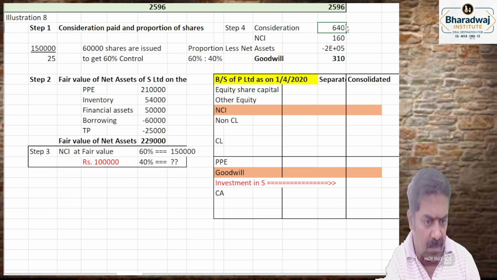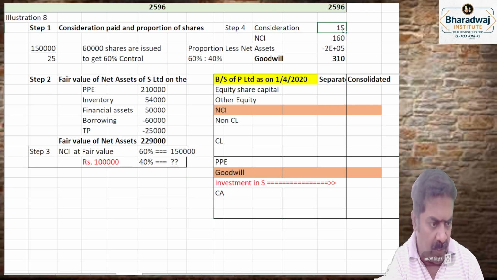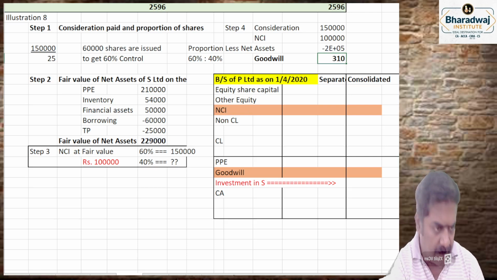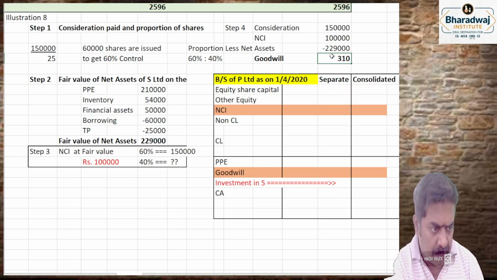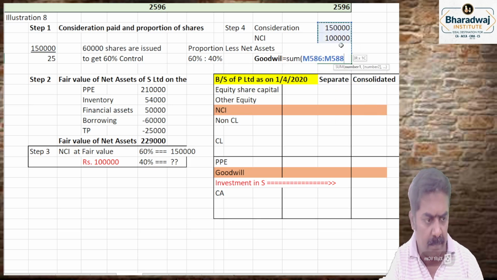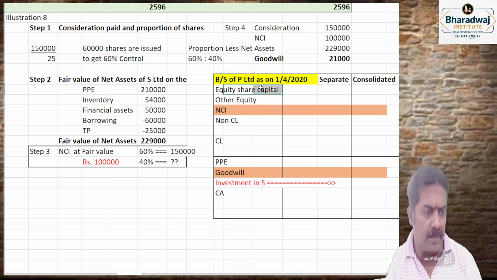Consideration paid is 1,50,000, NCI value 1 lakh, minus fair value of net assets 2,29,000. Goodwill is 21,000.